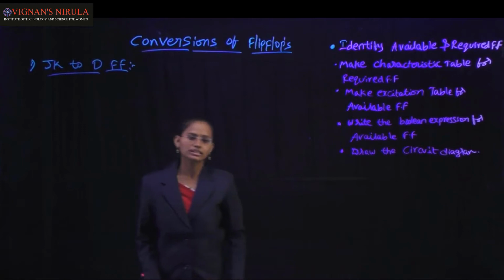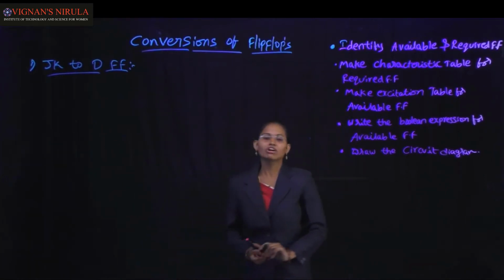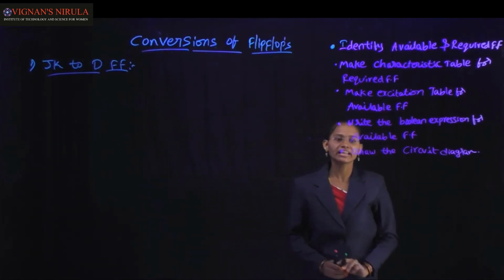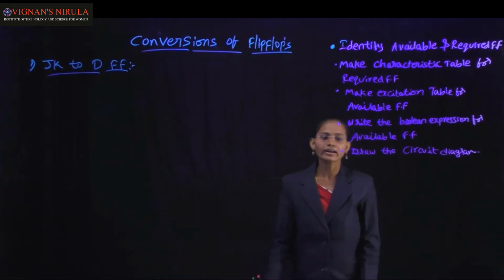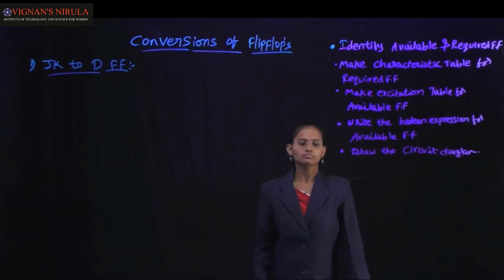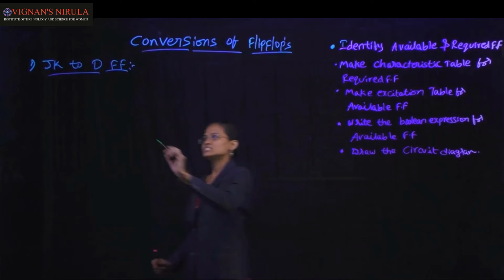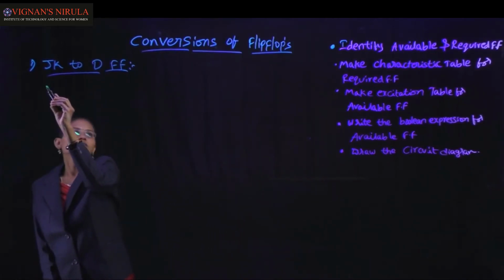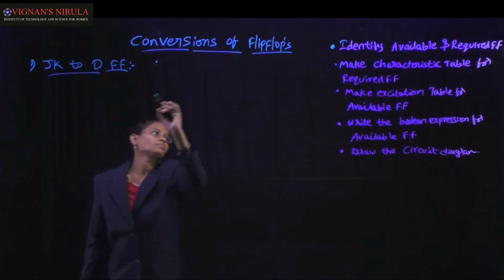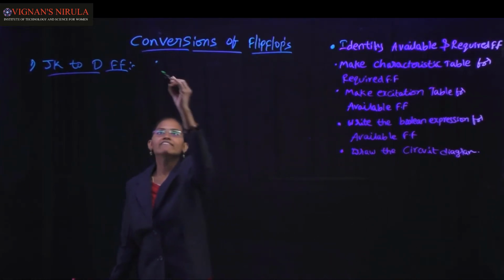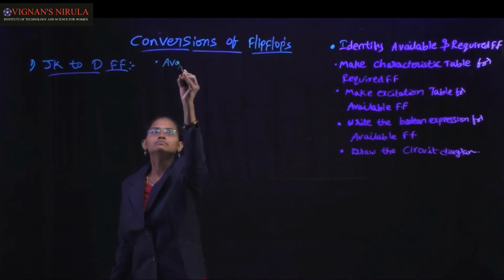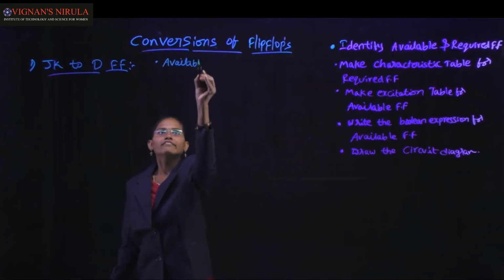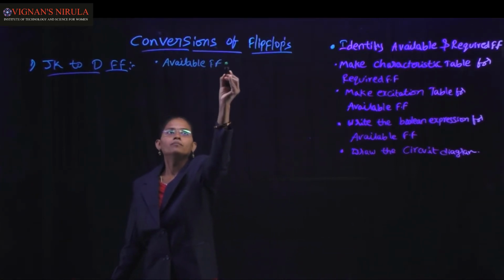Okay, this is the flip-flop conversion. What is the first step here? Identify the available flip-flop and required flip-flop. Okay. Here the first conversion is JK to D. Here write down the step 1. What is the step 1? Here identify the available flip-flop.